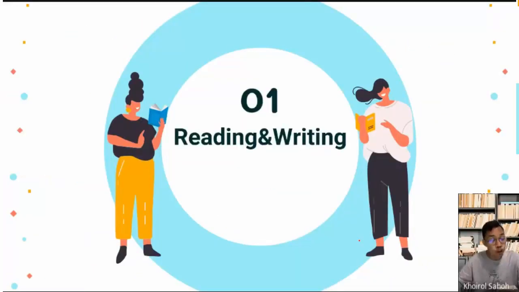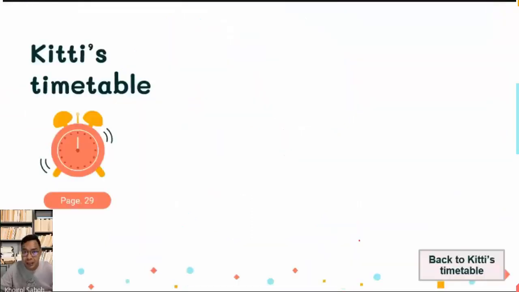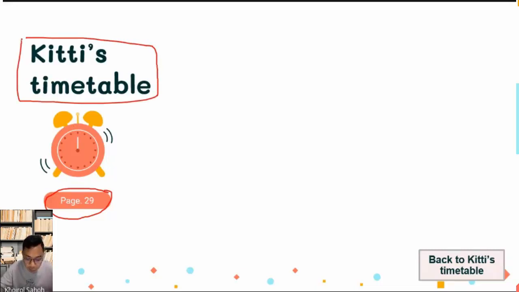All right. Now we're gonna do reading and writing. Get the timetable and complete the sentences. So open your book page 29 and we're gonna read along together.